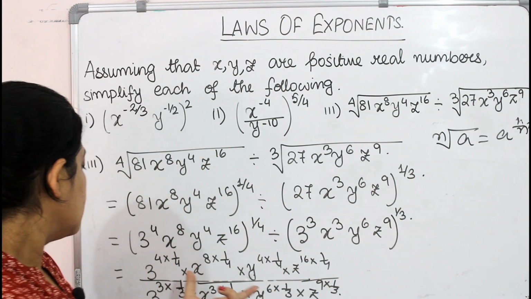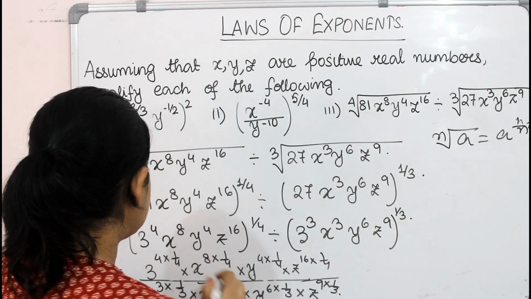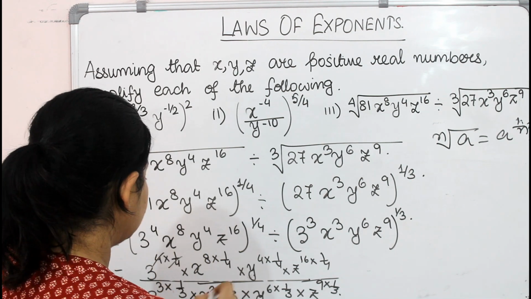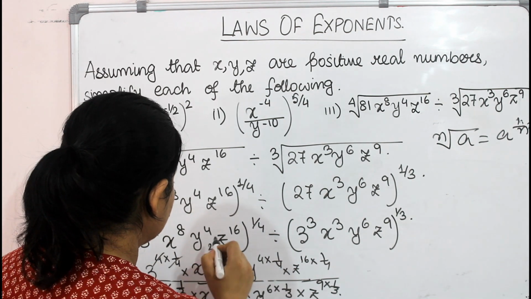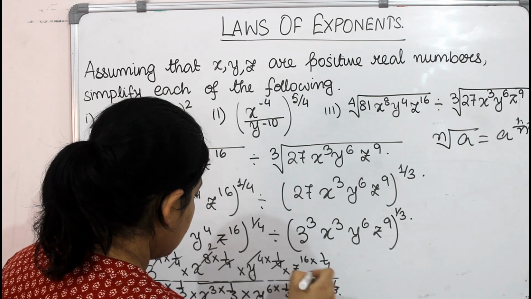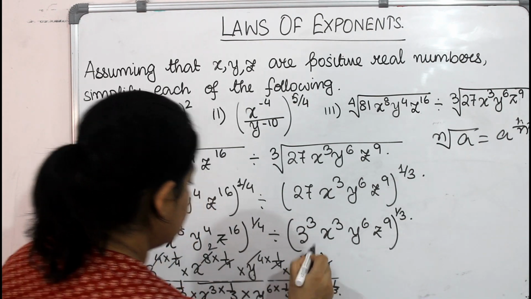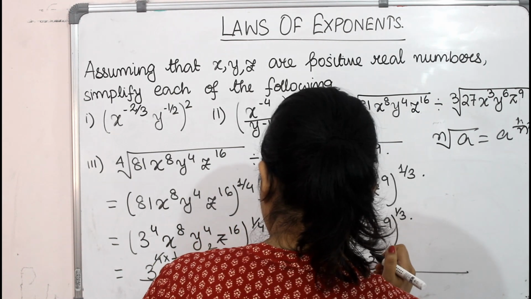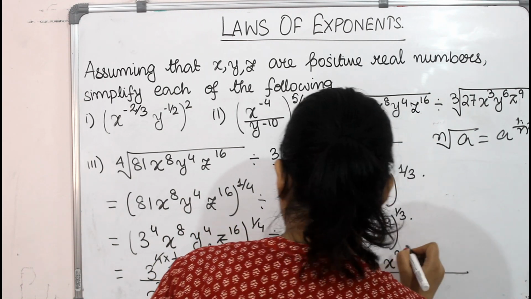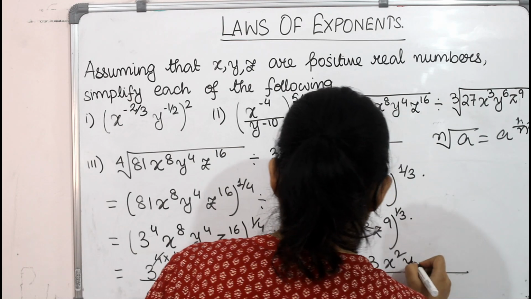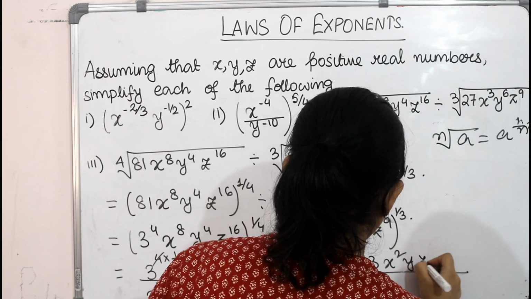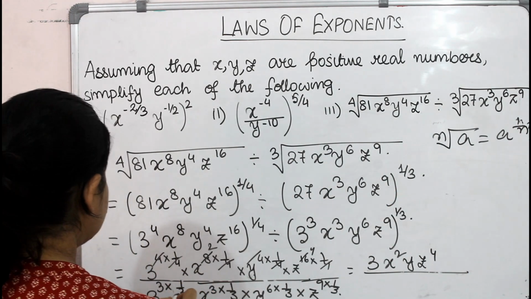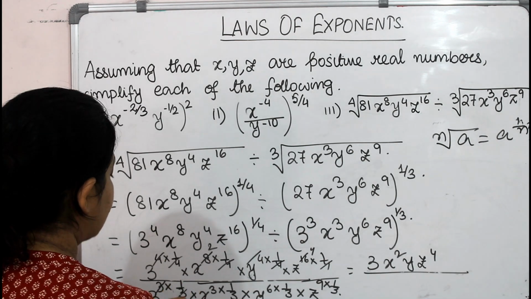Okay, now you see 3 to the power of 4 into 1 by 4, we will just cancel it out. So this we can write it as 3. This will be x square, this will be y, and this will be z to the power of 4. So this 3 to the power of 3, 1 by 3 will get cancelled.